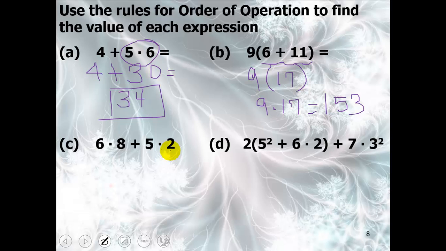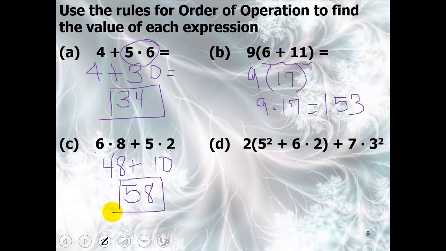So now I need to perform them as they occur from left to right. 6 times 8. My leftmost one is multiplication. What is 6 times 8? 48. Plus 5 times 2. That's 10. Now I can add 48 plus 10 is 58.